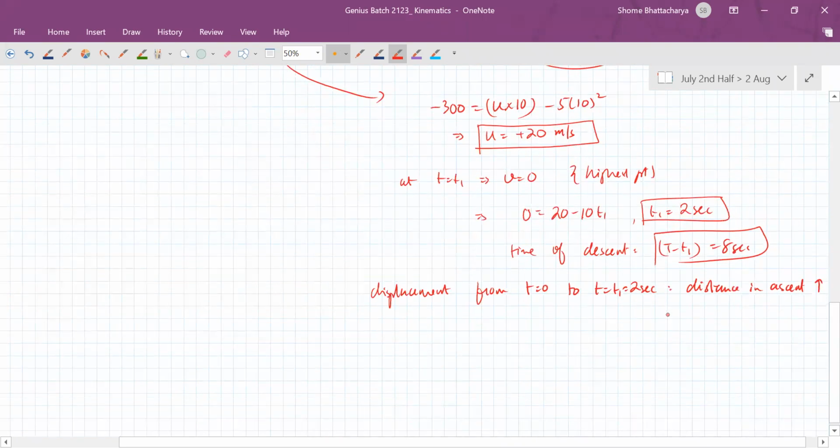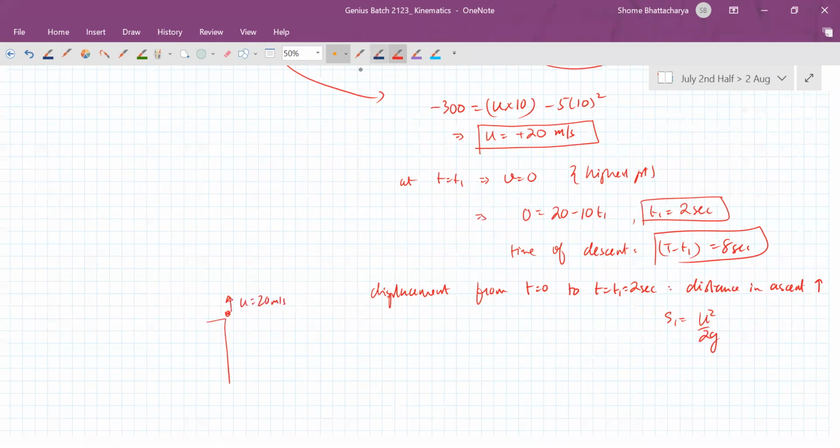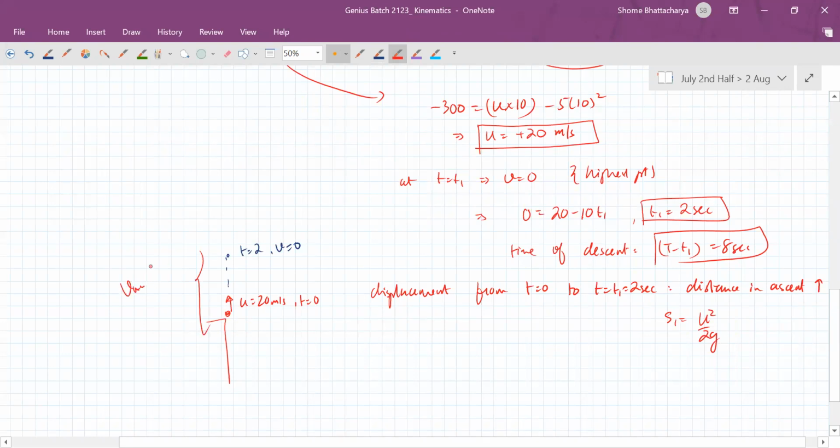You can write this directly by formula, or you can see like this, that it started from here at 20 meters per second, and 2 seconds later its velocity was 0. Okay. So during this interval of time from here to here, what is the average velocity? It's 10 meters per second. So the displacement is average velocity into time. That's another way of doing this. So it's 10 into 2 or 20 meters. Okay. This is another way of understanding this part.